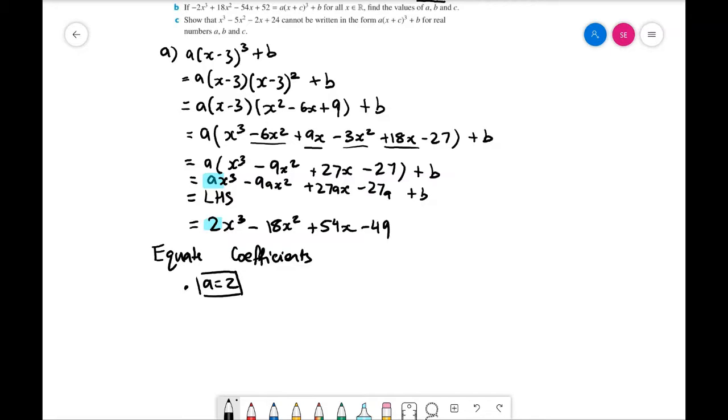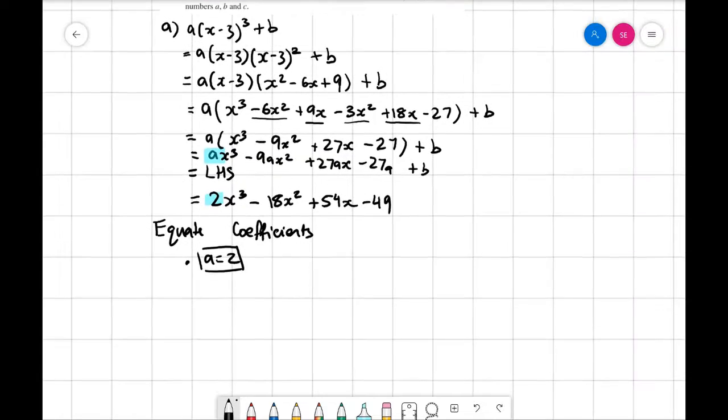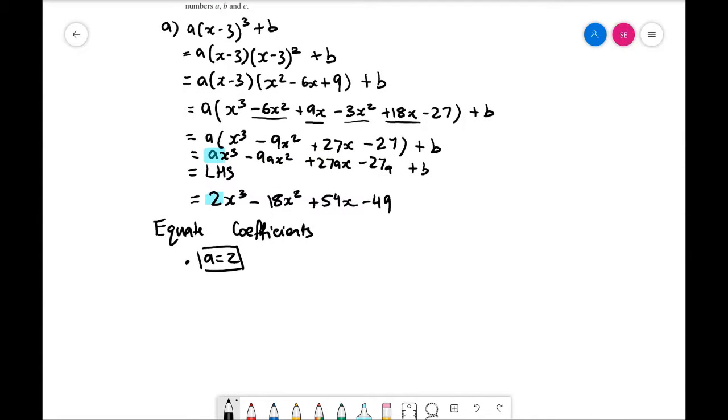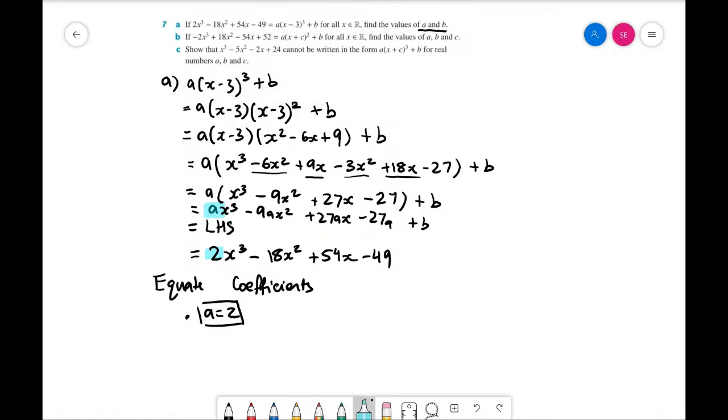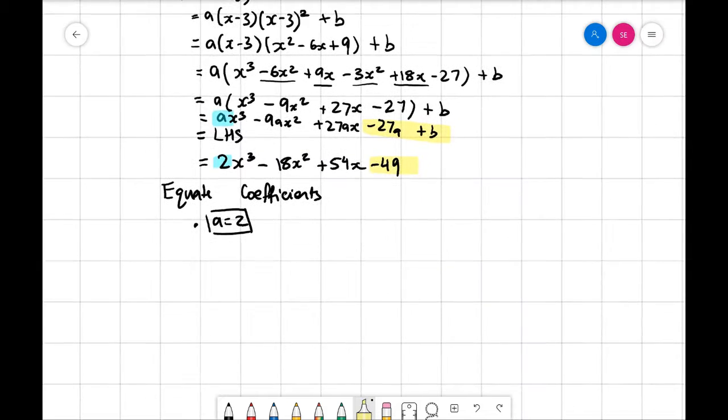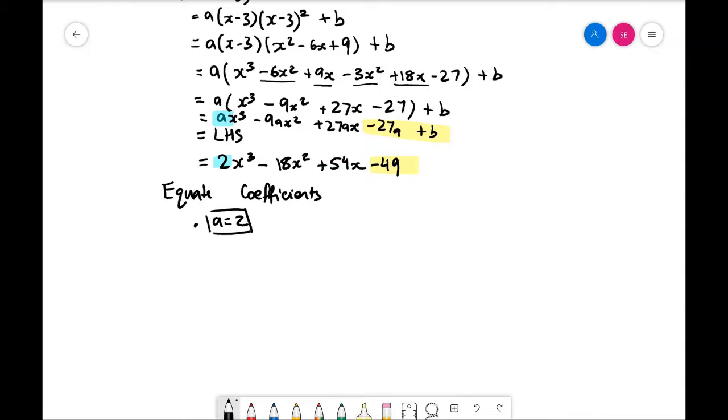Alrighty, then what else do we need to figure out? We need to find b. So now we have a, if we look at the constant term without any x, we've got minus 27a plus b is equal to minus 49.